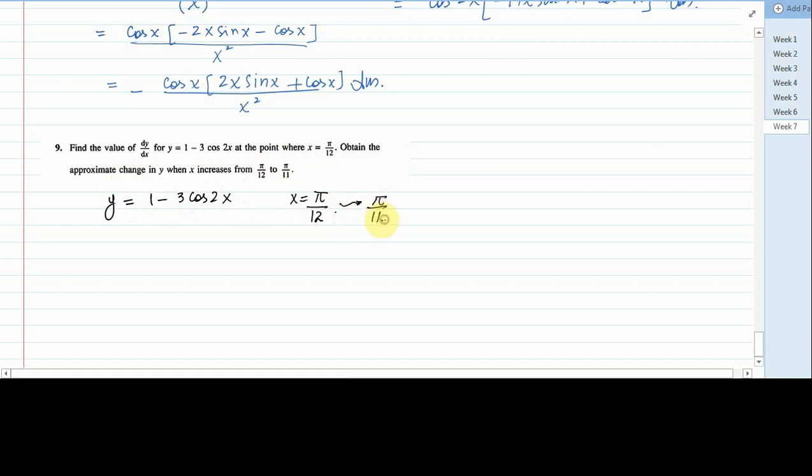Okay. So there are certain steps that you need to attempt, and then I will explain you the correct answer. At first, you need to find dy over dx. At second, you need to find dy by dx at x is equals to pi over 12.